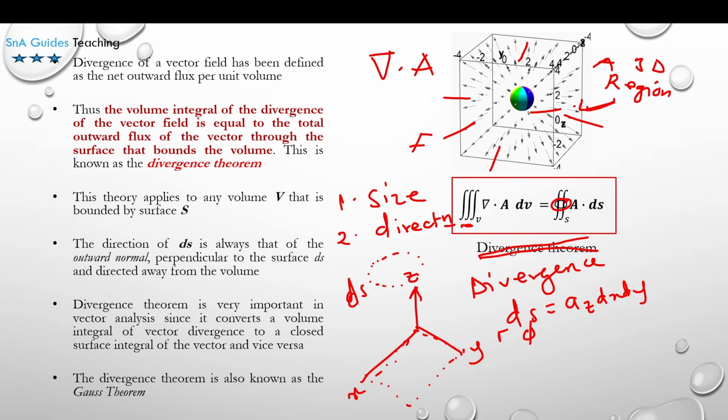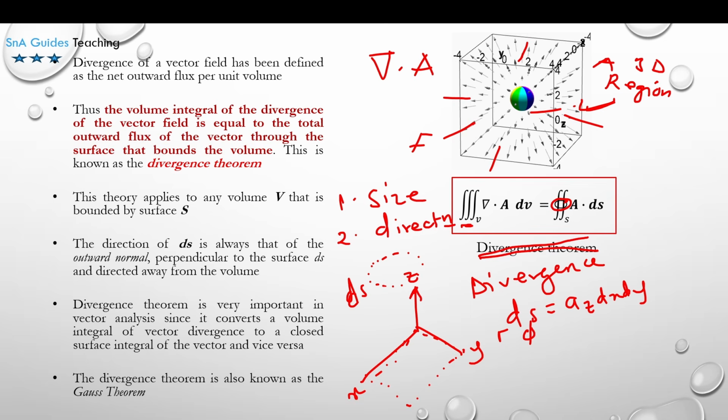The divergence theorem is very important in vector analysis since it converts the volume integral of a vector divergence to a closed surface integral of the vector and vice versa. The phrase 'and vice versa' is doing important work here. The theorem is a two-way street, right?